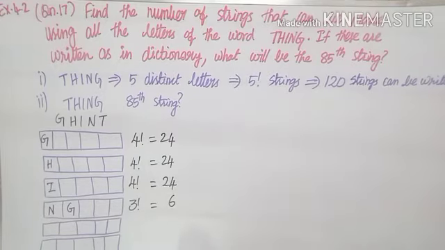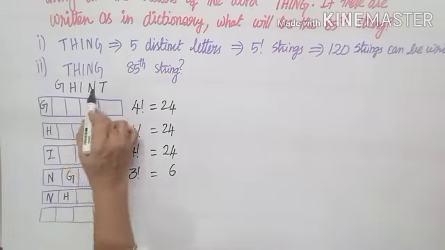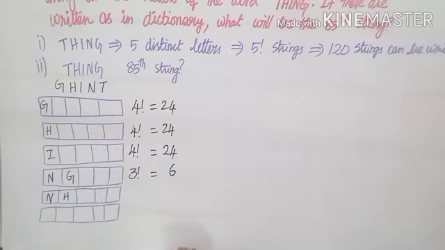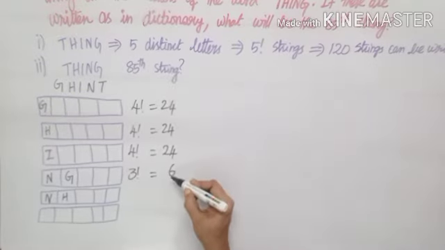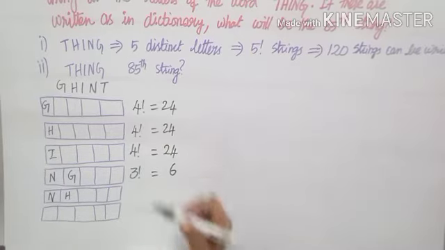What is the next thing? After N and G are over, go with N and H. NG over, then NH. Can I put 3 factorial? 72 plus 6, 78. Yes, I can put one more 6. I am not reaching 85.